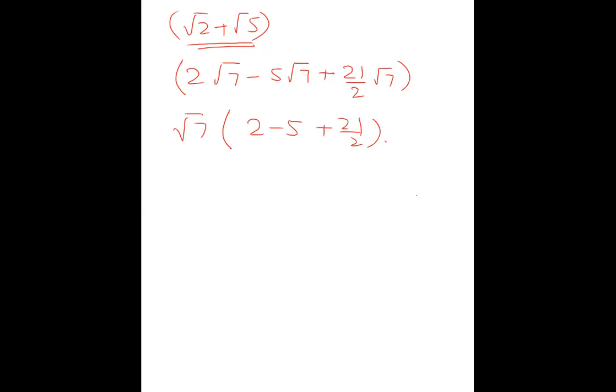So this is √7 common out, minus 3 plus 21/2, √7 is the common again, minus 6, 15/2. So this is 15/2 √7. Is it okay?